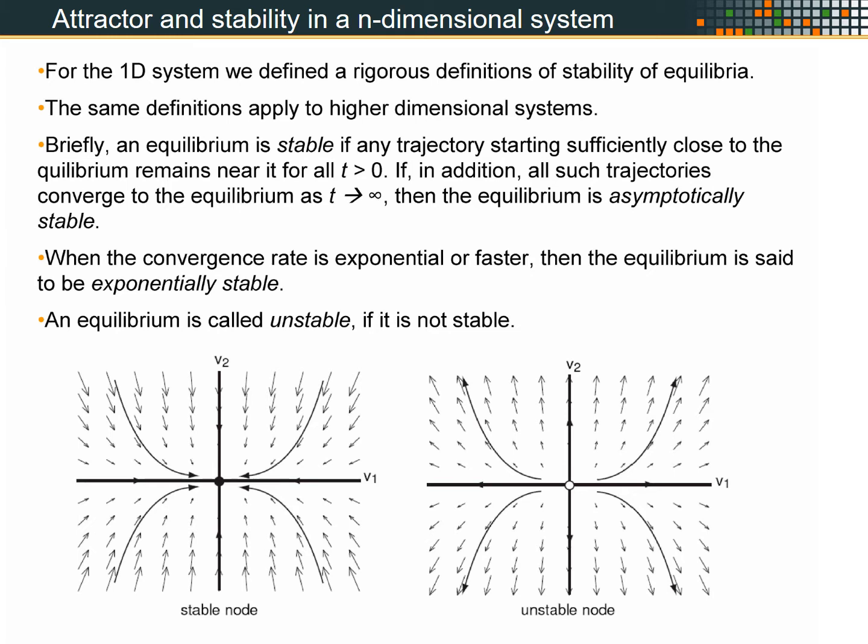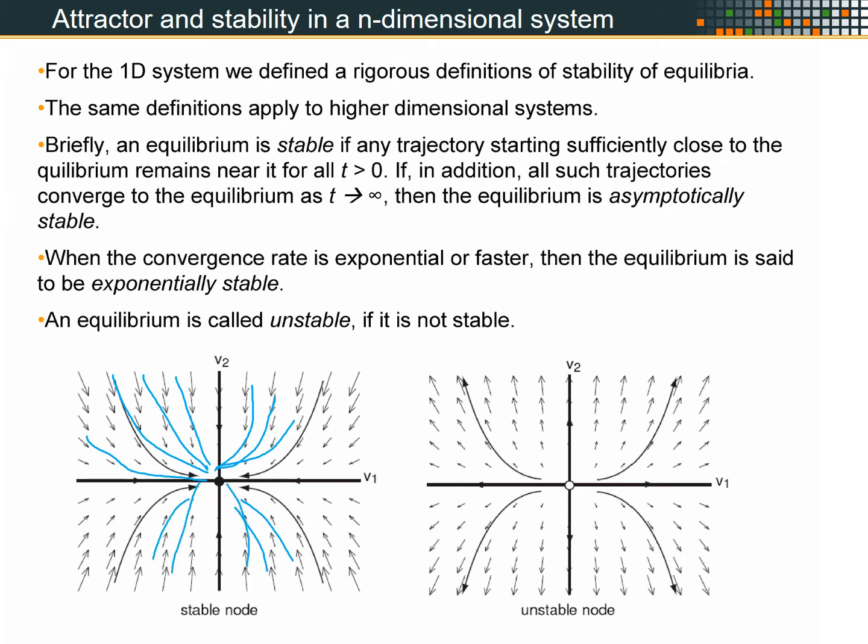For a two-dimensional system, that could, for example, mean, like here on the left-hand side, that we have trajectories that actually end up in a single point. Then we have stability, because wherever we start in this phase diagram, we will always end at the very same point in the center.